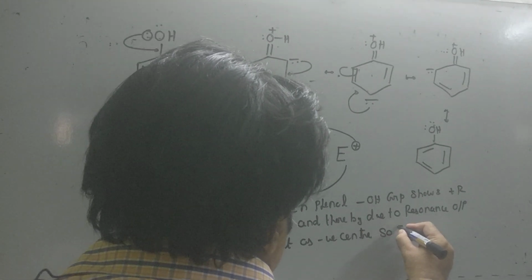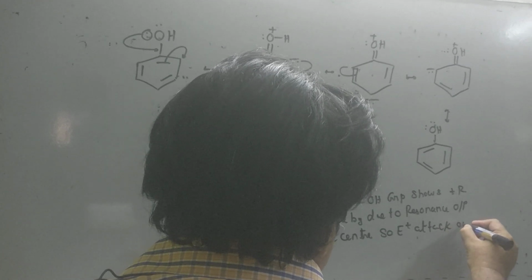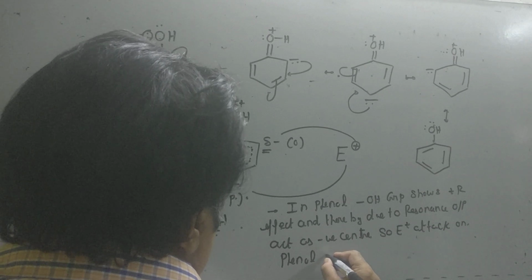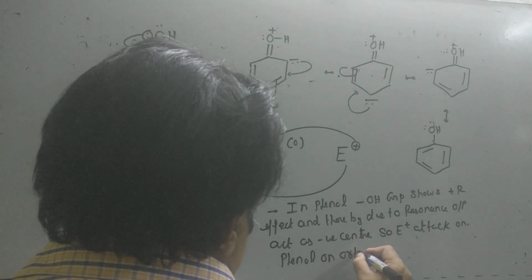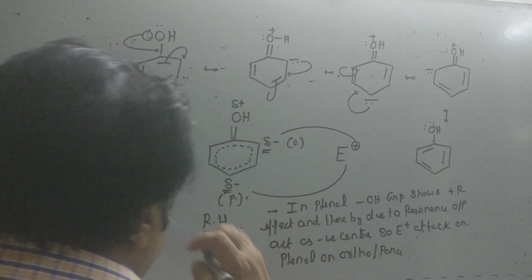So the electrophile attacks phenol at the ortho position and at the para position.